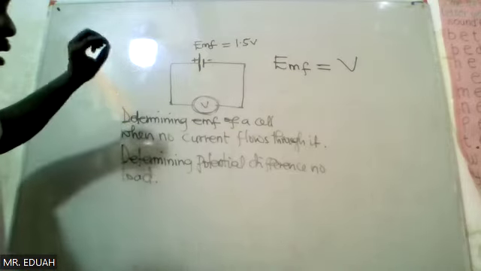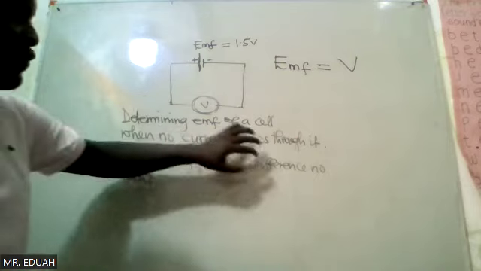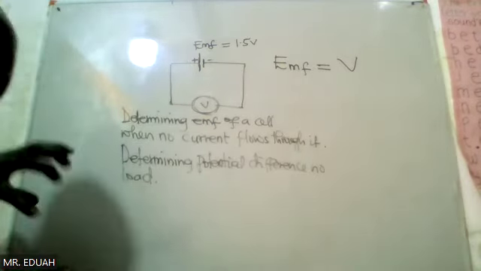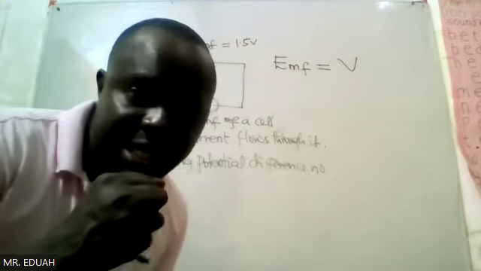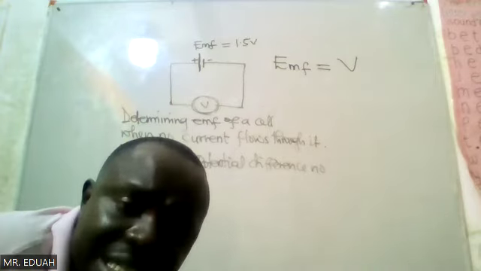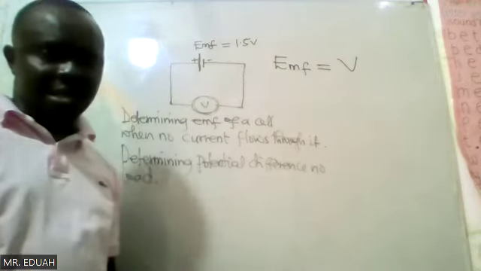This expression, no current flows through the component, is said because an ideal voltmeter has a very high, infinite internal resistance.